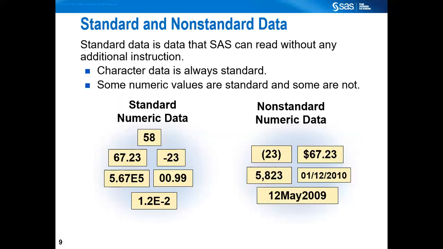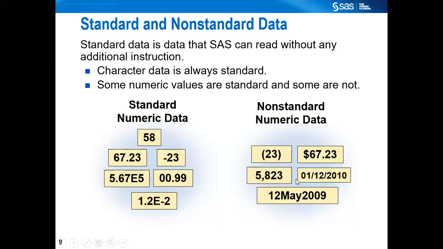Okay. So let's get introduced to standard and non-standard data. See, this is numeric standard data, and this is non-numeric standard data. Look at the data values carefully. All have some special signs. Whenever you have values which cannot be read by SAS without special instructions provided from our end, it is termed as non-standard data.